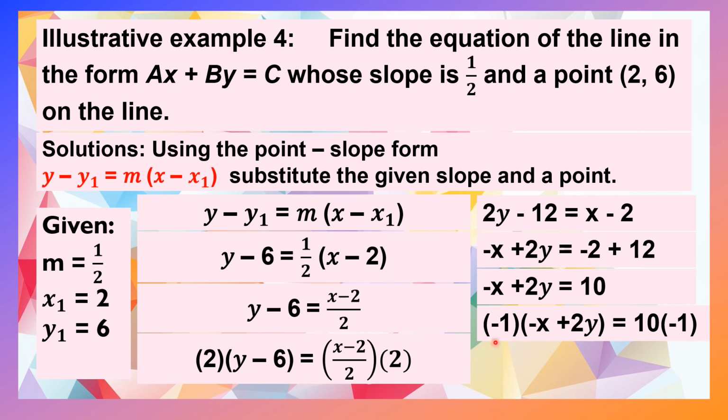So, multiplying now negative 1 times negative x, it is now positive x. Then, negative 1 times positive 2y is negative 2y. Then, 10 times negative 1 is negative 10. So, positive na ang ating ax. It is now written in the form ax plus by equals c. Thus, the equation of the line is x minus 2y equals negative 10.